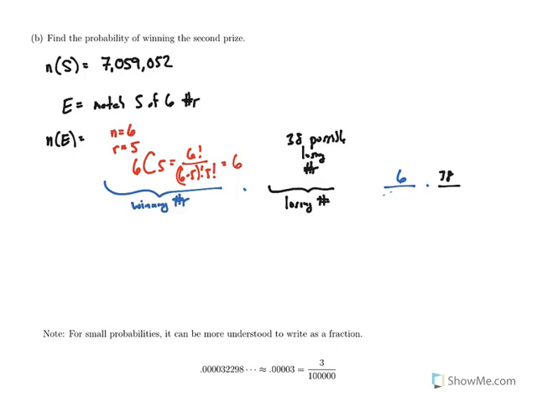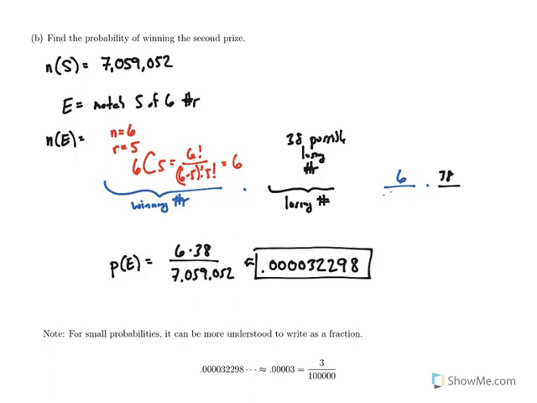And we're going to write that as the probability 6 times 38 over our sample space, which is going to be about 0.00003228. So here's our probability, here's our answer, and the bottom of the page talks about how decimals may not be the best way to represent this, because it's hard to get a good intuition as to what that number represents.